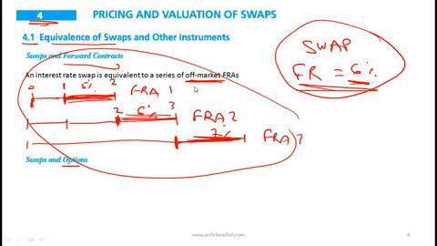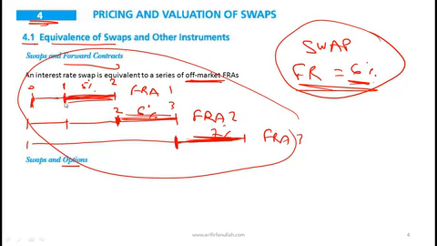Okay, so that is the core similarity or equivalence between interest rate swaps and forward rate agreements. I'm not sure whether you really need to remember this from level 1, but very simplistically, with forward rate agreements, do you recall where settlement happens?